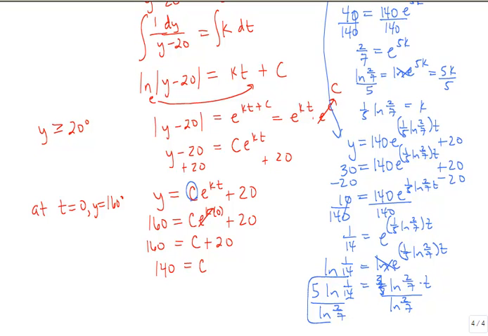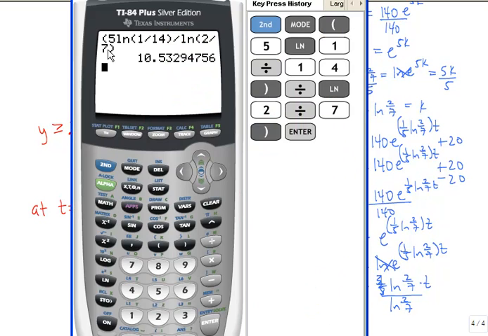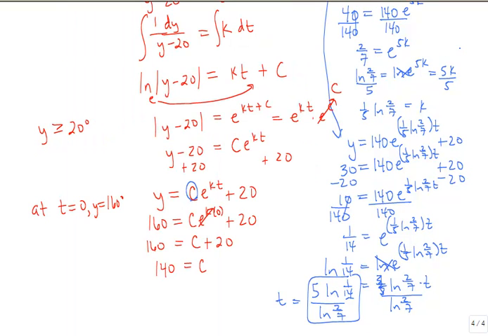All of this is my t. And if you punch it into your calculator, what are we going to get? So here's what it's going to look like when I type it into my calculator. I have 5 in parentheses, 5 ln of 1/14 divided by ln of 2/7, and we get about 10.53.